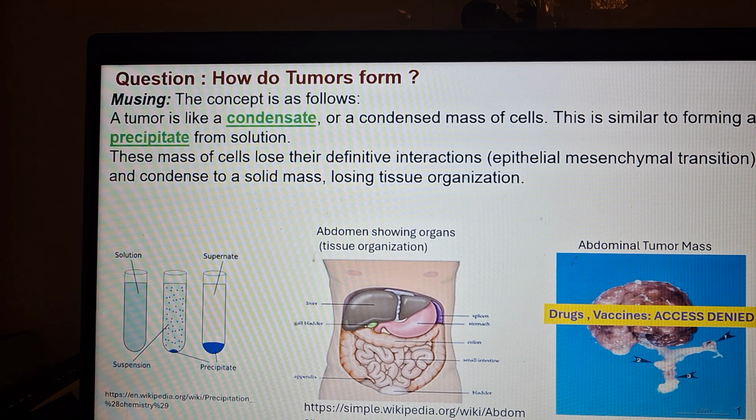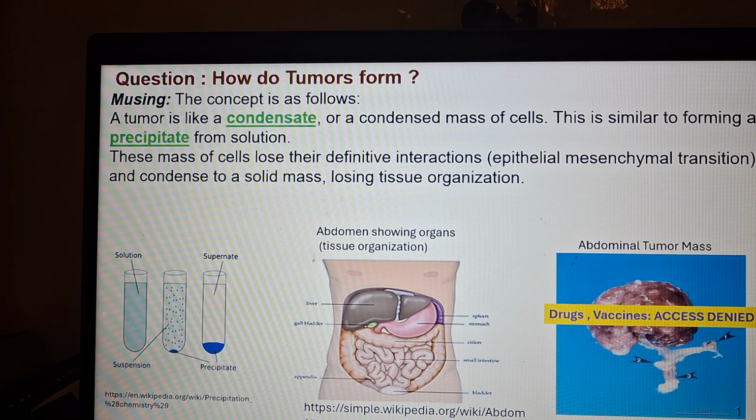Now, based on this observation, the musing is as follows: when we observe a photograph of a tumor, we see that it is like this jelly-like thing, and it appears very irregular in shape.